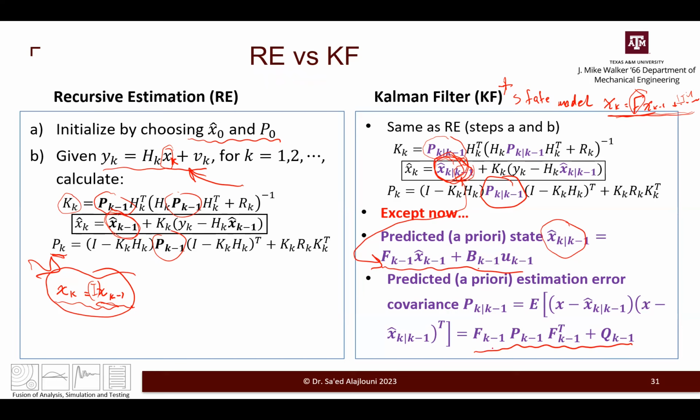These predicted values are based on our knowledge of the state model. This is the additional knowledge beyond what we had originally when we were talking about the recursive estimator. We had only a measurement model, but now we have a state model too.